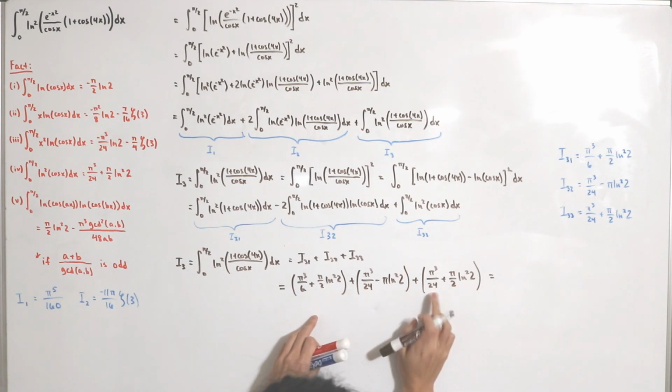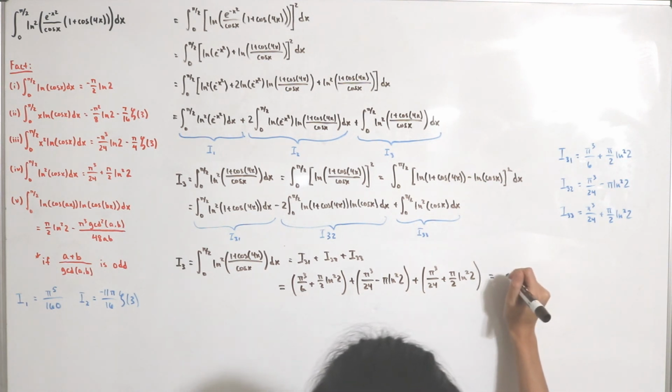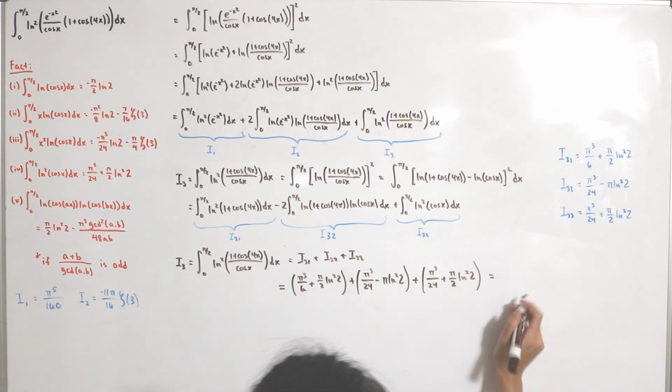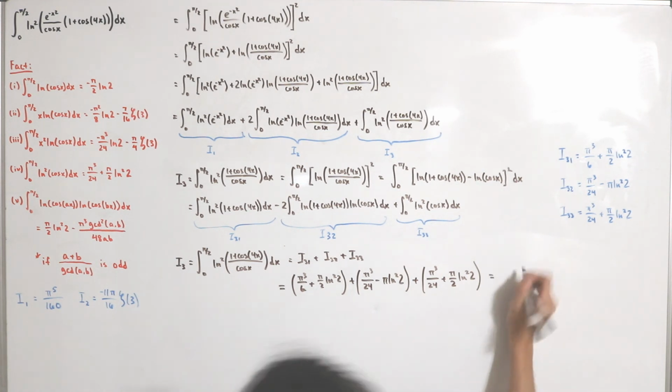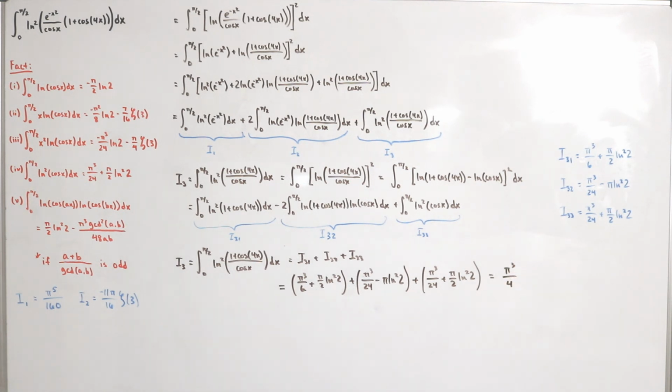I forgot about this term here, the one we're focusing on. So that means we get 6 pi cubed divided by 24. In other words, that simply simplifies to pi cubed divided by 4. Okay, nice. So that means I sub 3 is equal to pi cubed divided by 4.